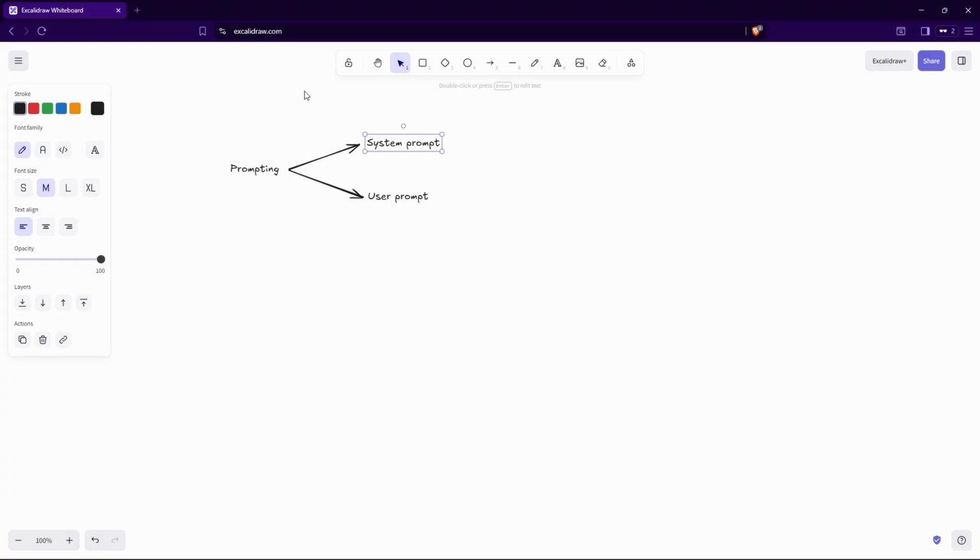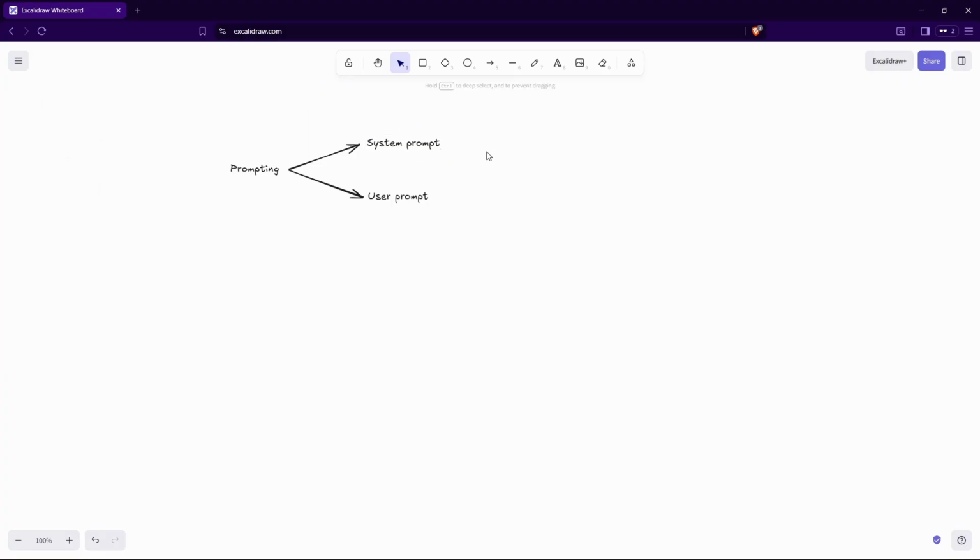So you define the persona of the LLM, the tone, the rules that will be followed by the user prompt. Technically, this system prompt should be long-lived throughout the entire interaction that you have with the LLM.